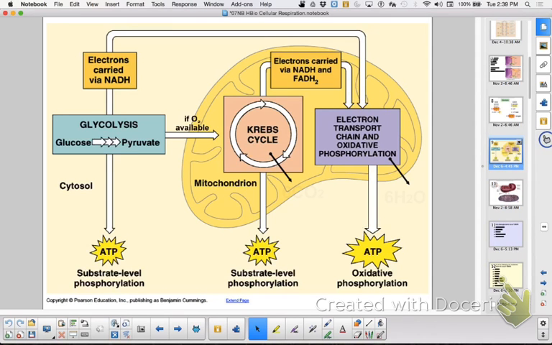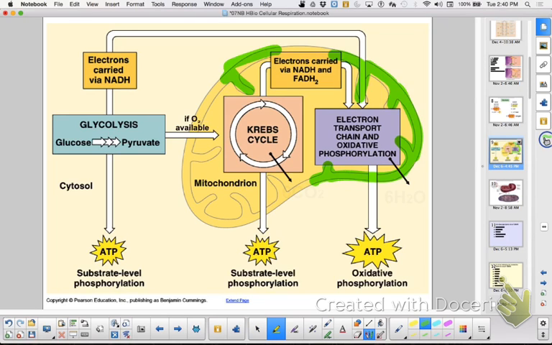Now we want to review the different areas of the mitochondria. There are 2 areas. We have this intermembrane space, and what are we going to concentrate in that intermembrane space? Hydrogen ions. And where are those hydrogen ions ultimately coming from?